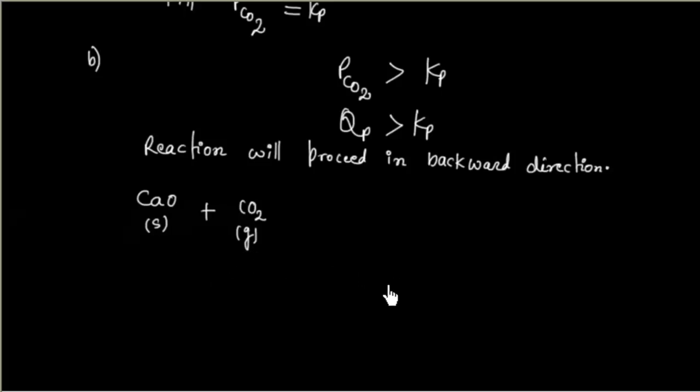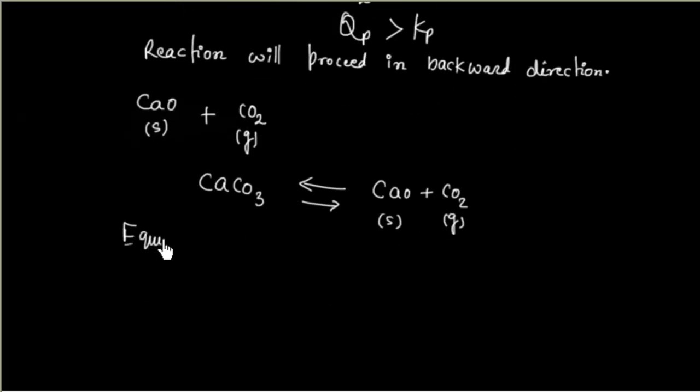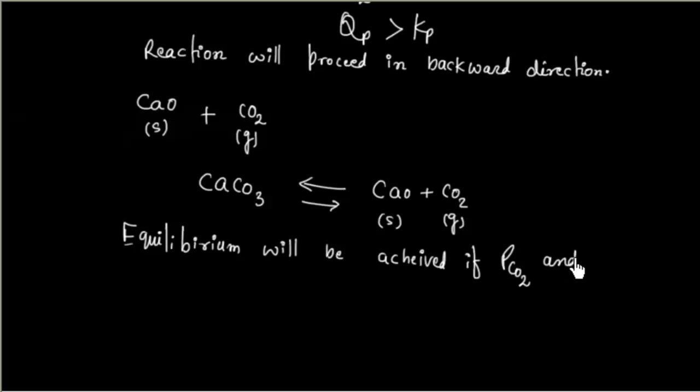I have to write this on this side, CaO plus CO2 gas, and this will combine to form CaCO3. If I have enough CO2 and enough CaO, finally equilibrium will be achieved. So equilibrium will be achieved if CO2 and CaO solid are in excess.